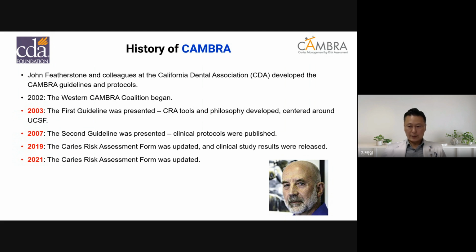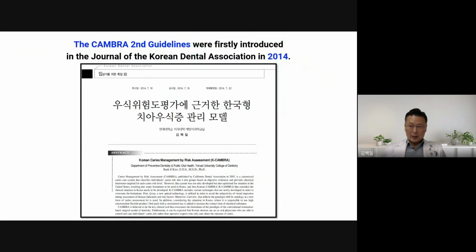Now in 2021, they have improved it more and more. Now many U.S. dental colleges teach CAMBRA in some undergraduate courses. It means that this is an important protocol to prevent caries. I also introduced CAMBRA to Korea in 2014. I published this Korean research paper in the Korean Dental Journal.